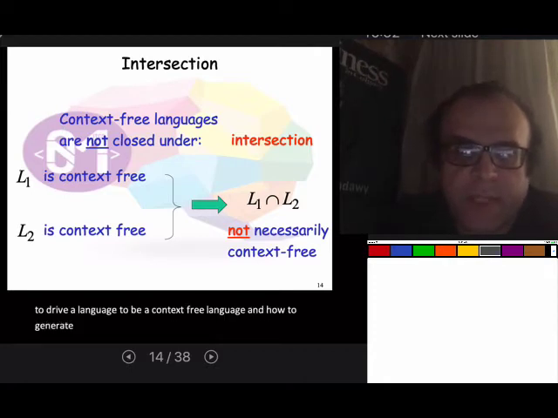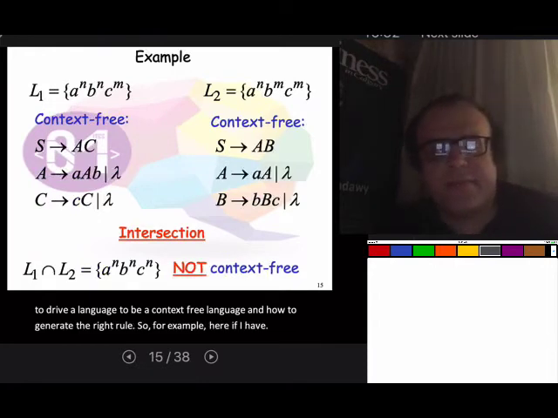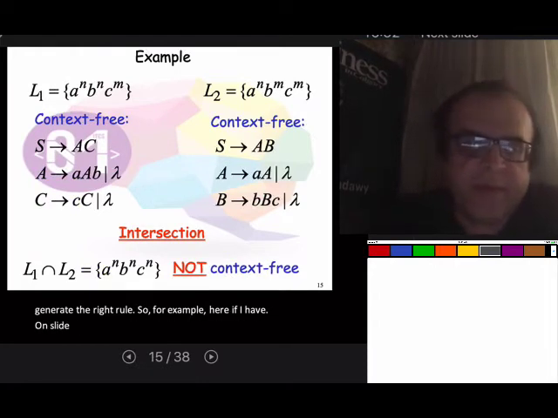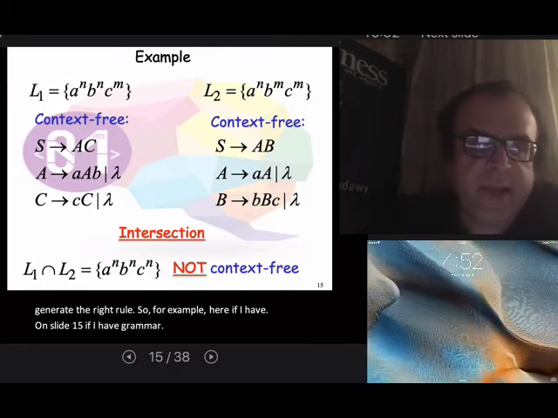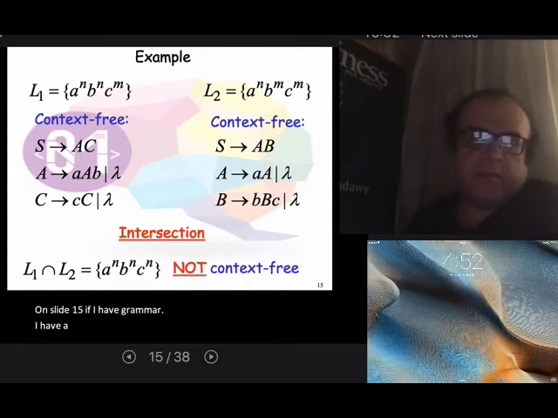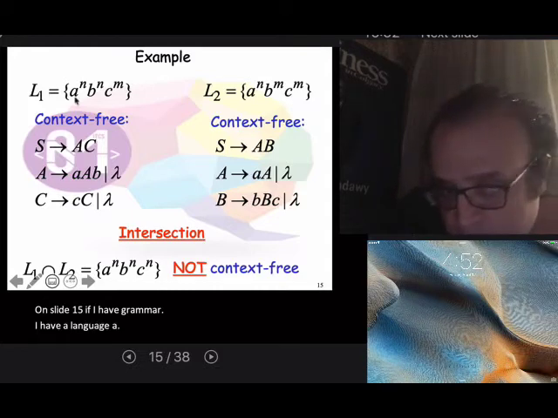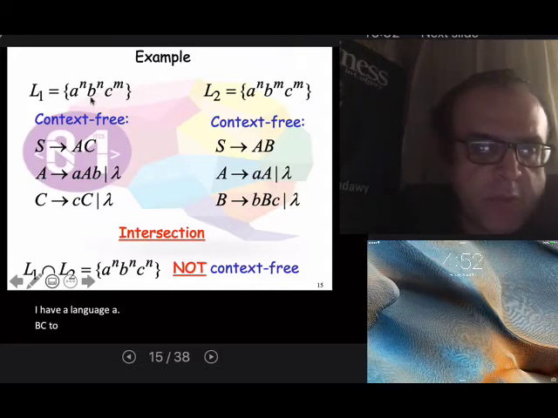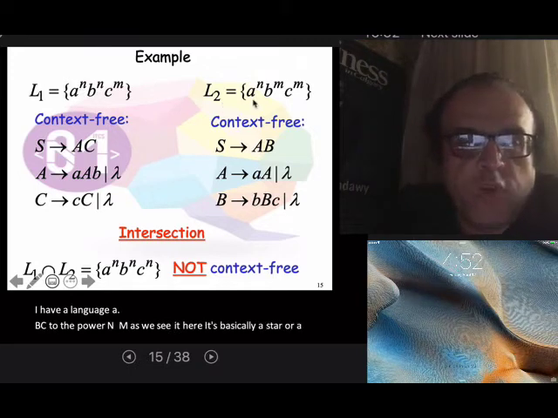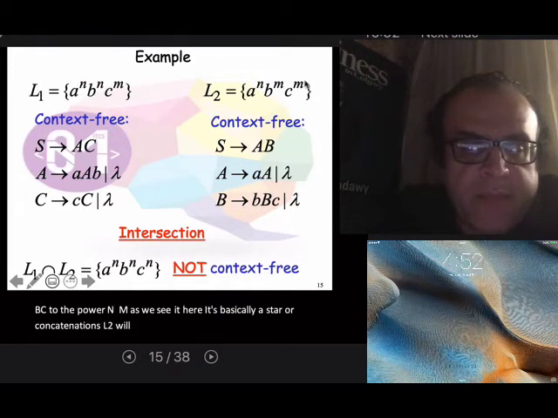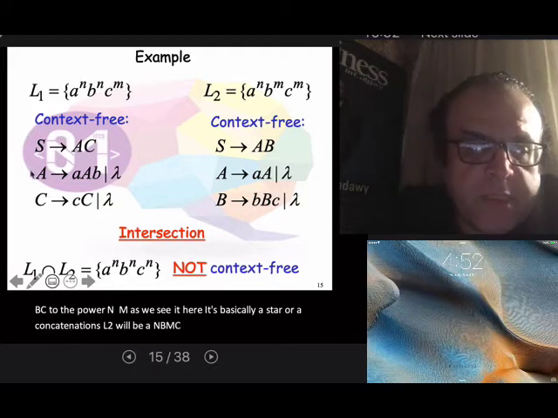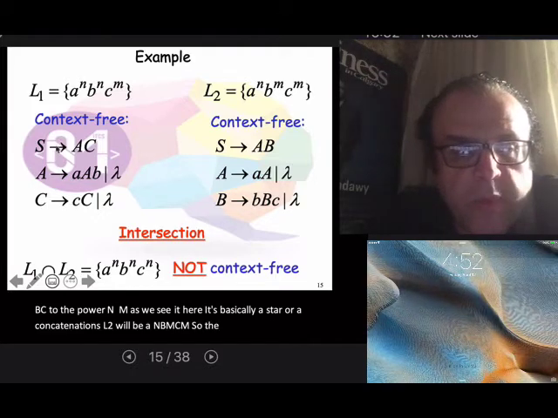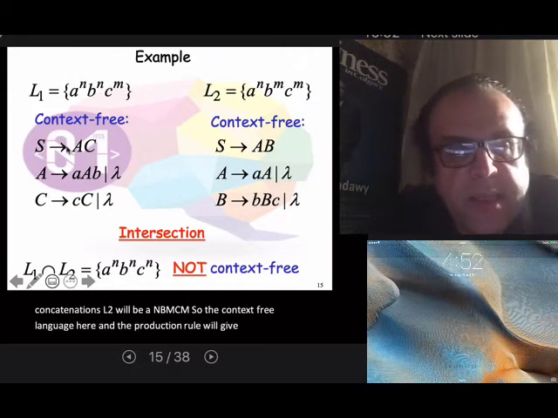So for example, on slide 15, I have a language L1 equal to a^n b^n c^m, which is basically a star or a concatenation. L2 will be a^n b^m c^m.